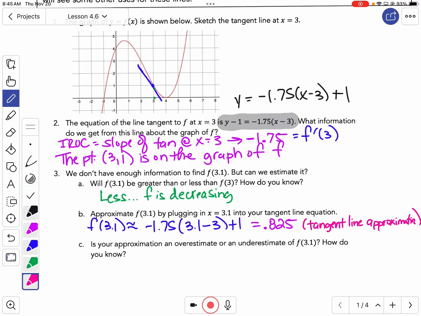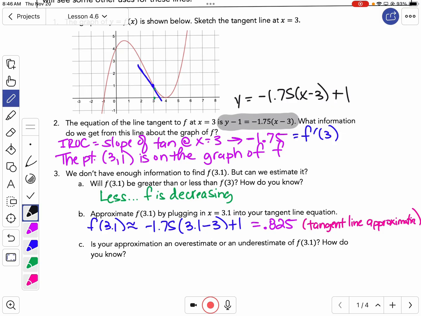Is our approximation an over or an underestimate? What do you think? That 0.825, is it an over or an underestimate? Because remember, this value is coming from the line, not the curve. It's an under. Why is it an underestimate?